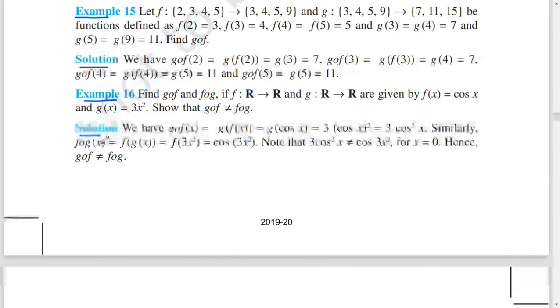We have gof = g(f(x)) = g(cos x) = 3(cos x)² = 3cos²x. Similarly, f(g(x)) = f(3x²) = cos 3x². Note that 3cos²x is not equal to cos 3x² for x = 0, hence gof is not equal to fog.